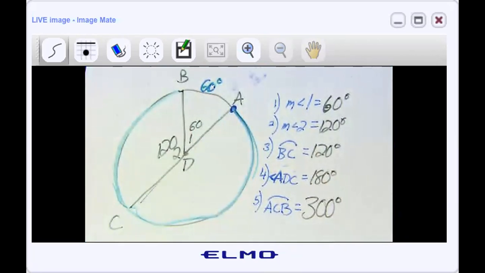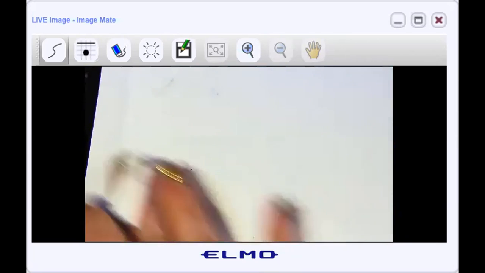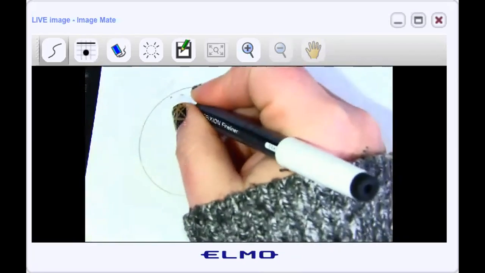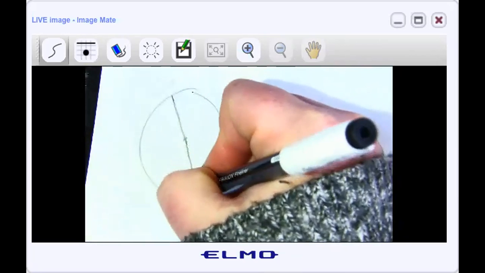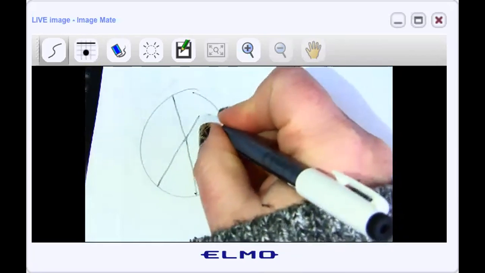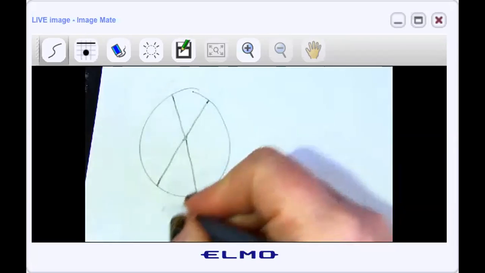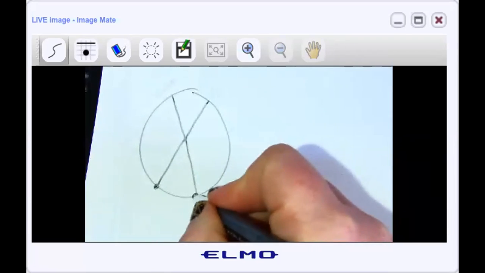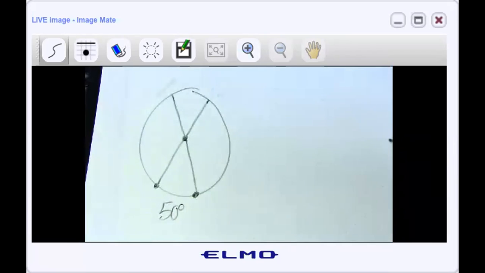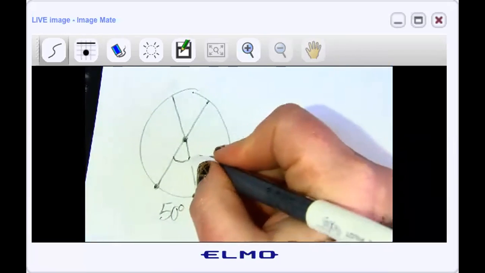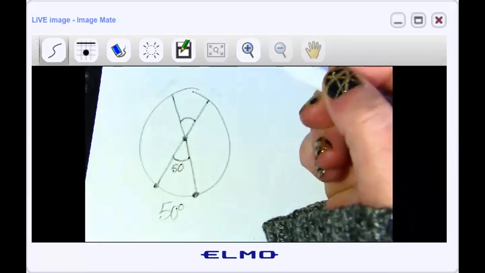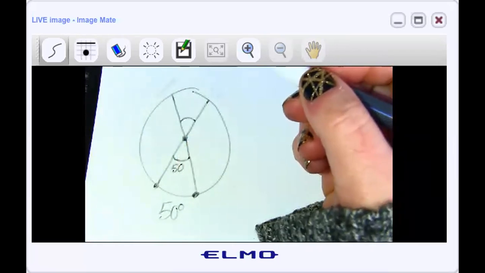The only other thing that I want you to be aware of is that you can have vertical angles in here. So there's a diameter, there's another diameter. If I told you that this arc right here was 50 degrees, and there's my central angle, that means this angle is 50 degrees, which also means this one's 50 because those are vertical angles.